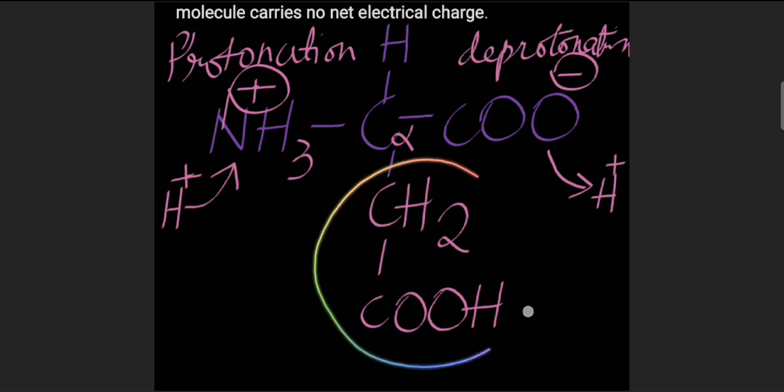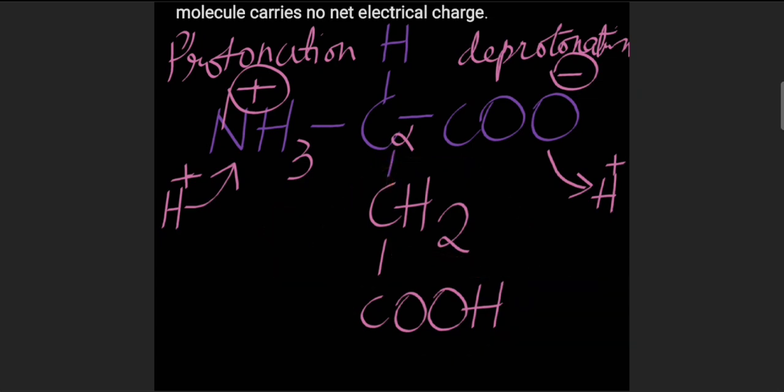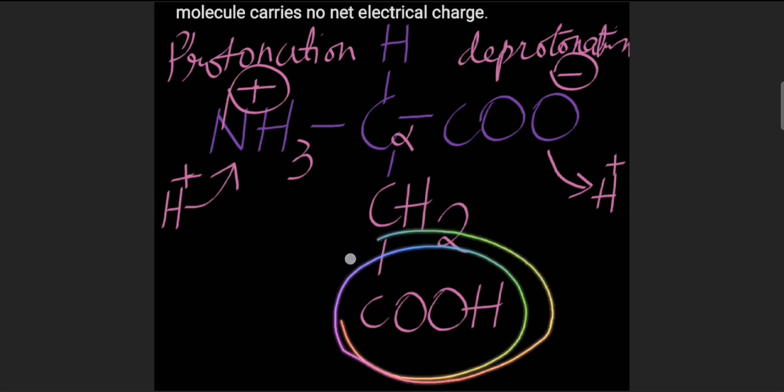If a carboxylic acid or an amino group or any other functional group is attached to this alpha carbon, which will be able to donate or accept a proton, that is the hydrogen, that particular value is known as the pKr value.